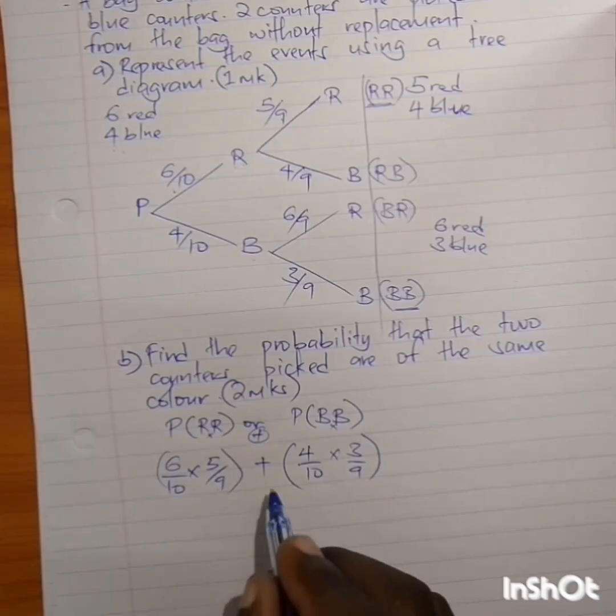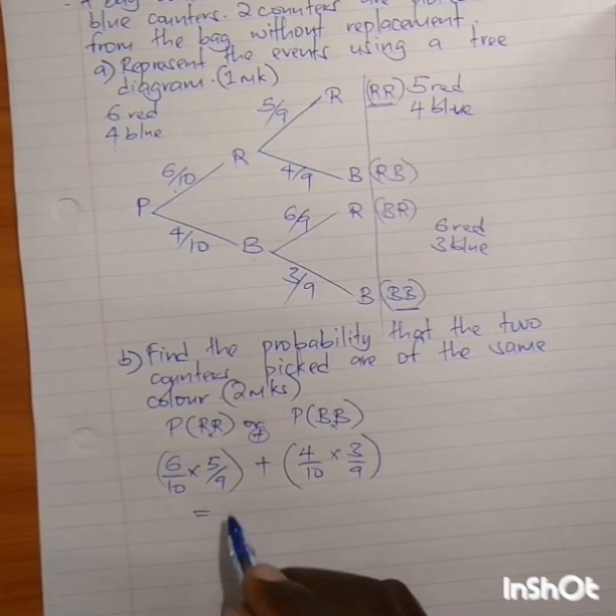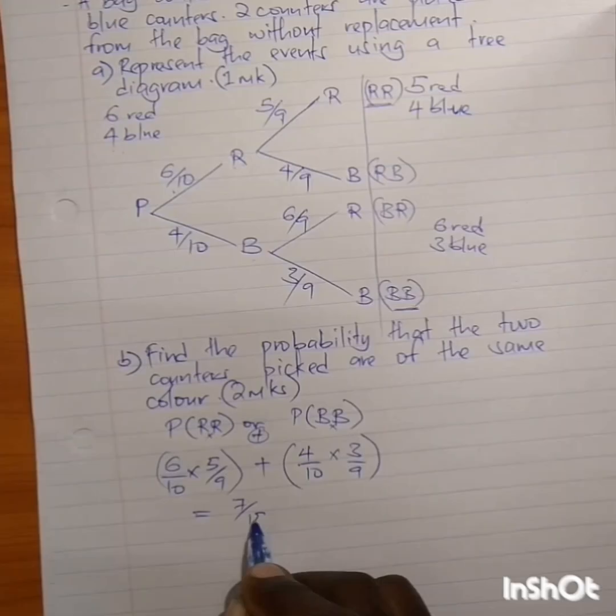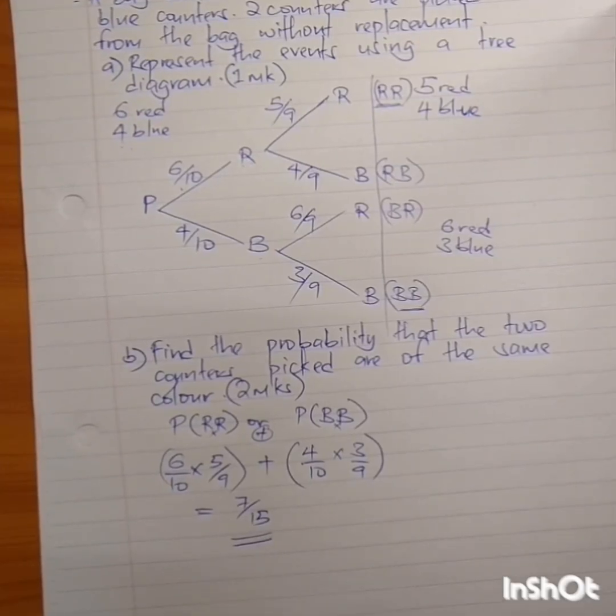You press it in the calculator: 6 over 10 times 5 over 9 plus 4 over 10 times 3 over 9. This gives us 7 over 15. So we get 7 over 15 as the final probability.